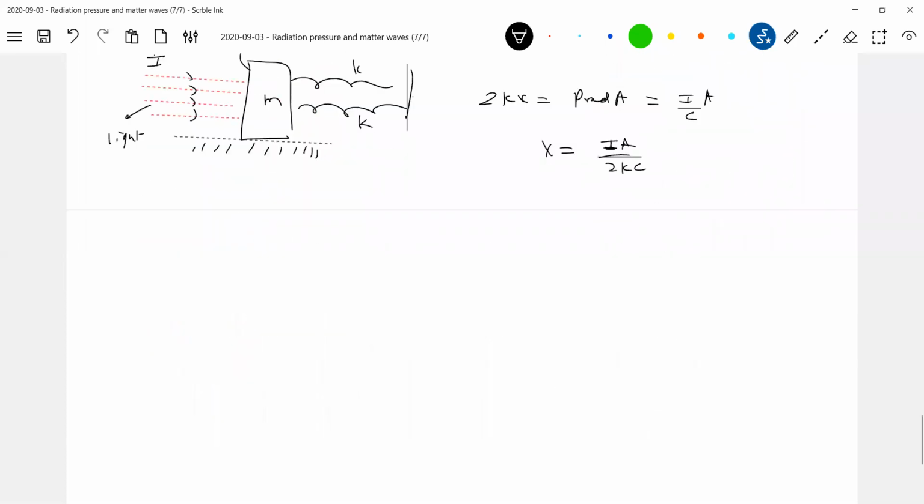I'll suspend a rod. Weight mg will act, and it's in equilibrium. Why is it in equilibrium? Because of the incident beam.